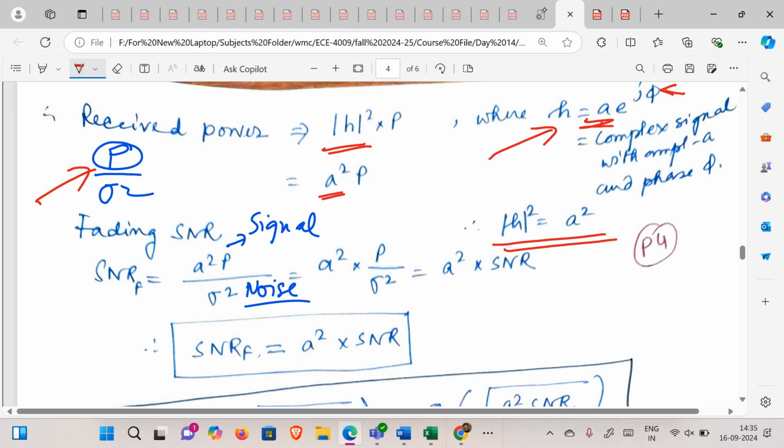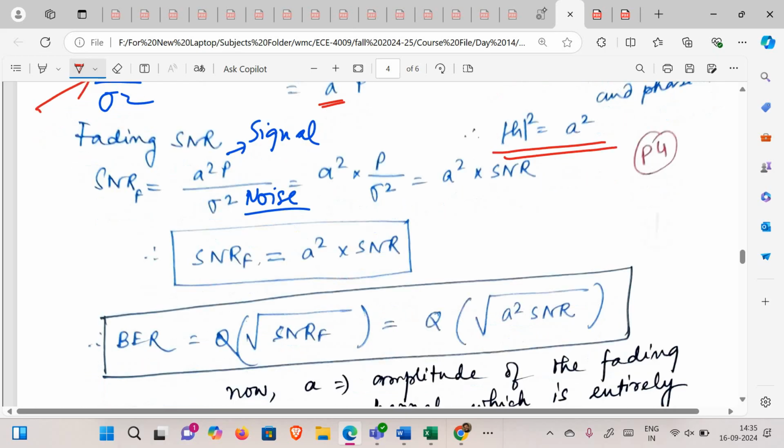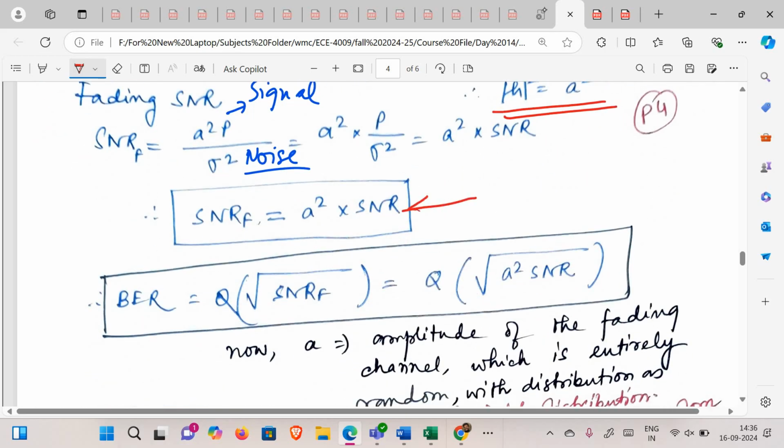P by sigma square was already there. A square has just come in. And see further, the final expression that we are looking at is: SNR for the fading scenario is nothing but the A square part, which comes in because of the channel, multiplied by the wireline SNR, which is present over here.